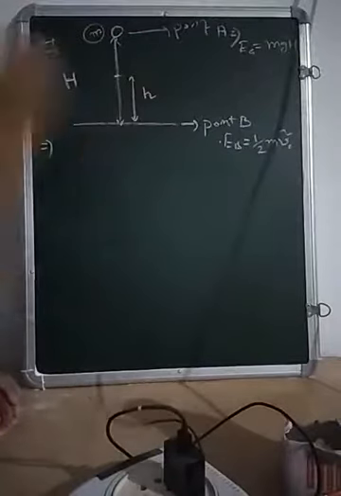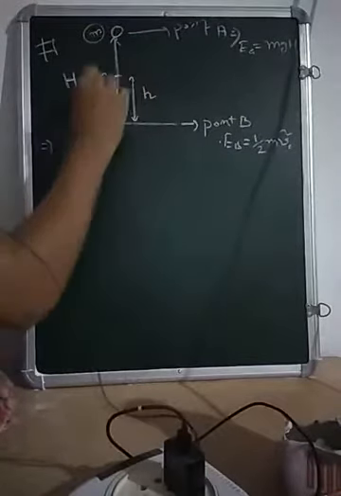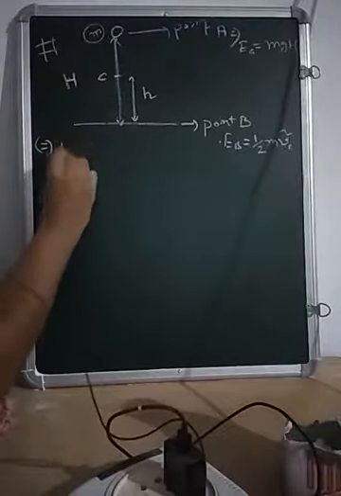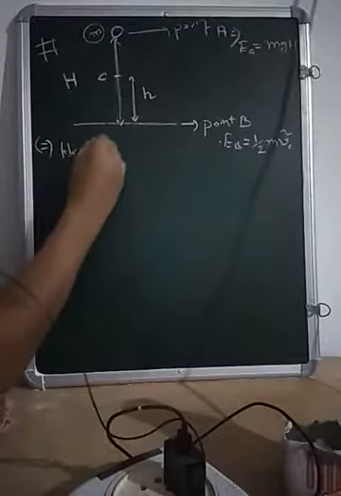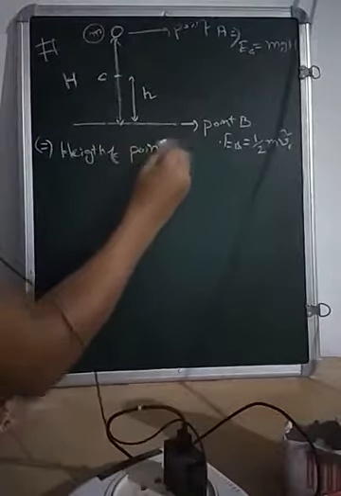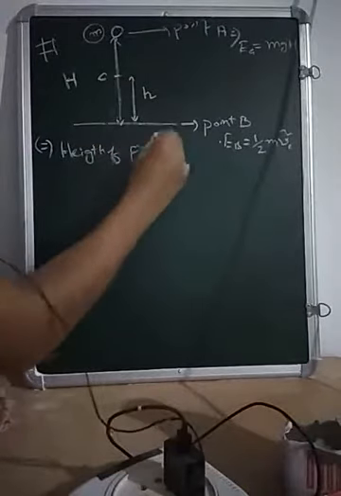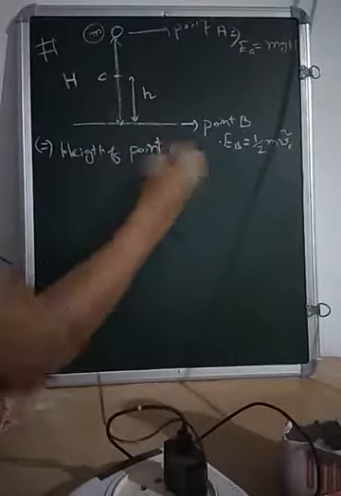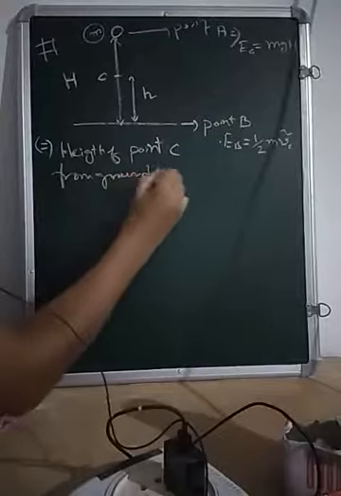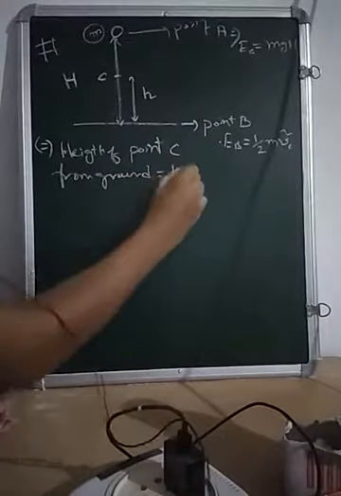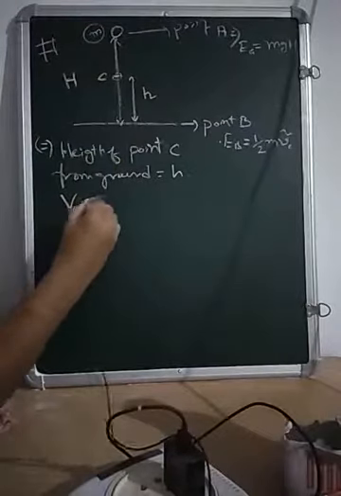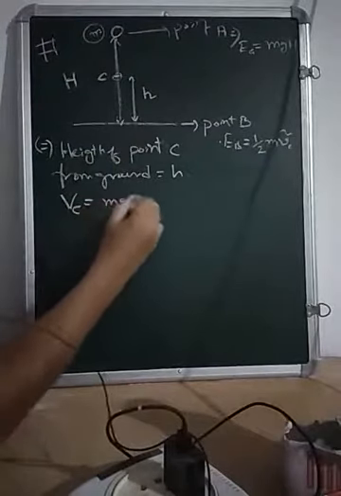What is the height of point C from the ground? This small h. So what is the potential energy at point C? It is mg into small h.